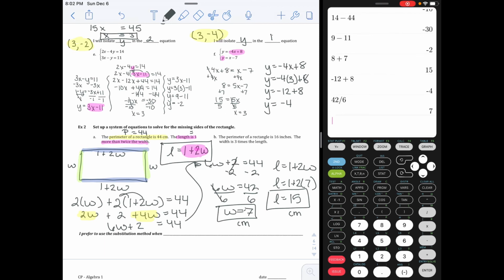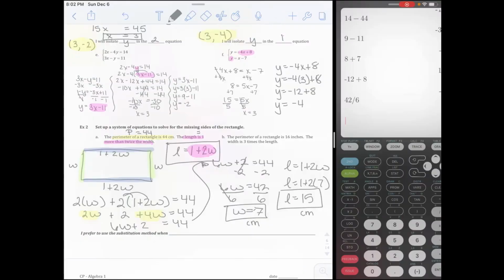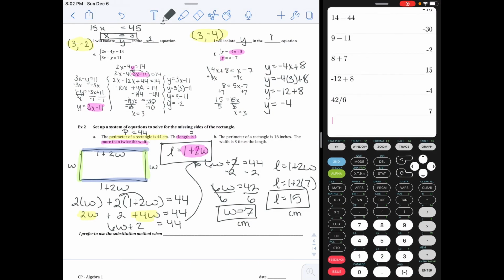So on the bottom it says, I prefer to use the substitution method. And when do I want to use that? I want to do this when one of the variables, so that means the x or the y, is already isolated. That's the easiest time to use this one, okay?